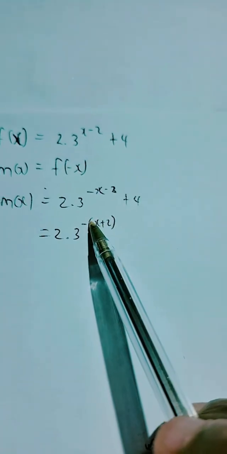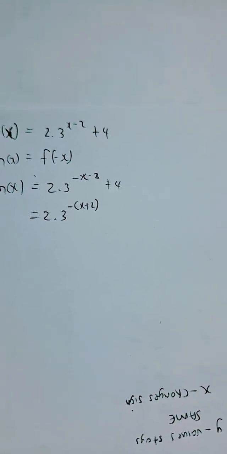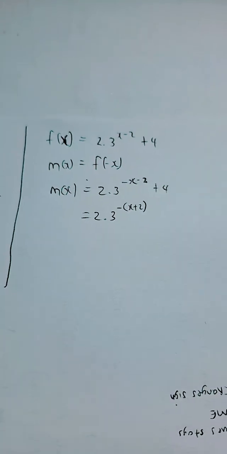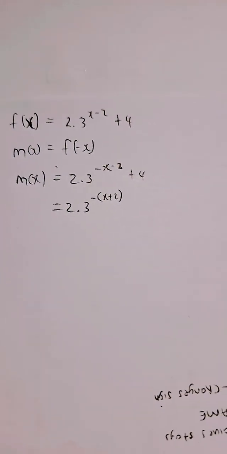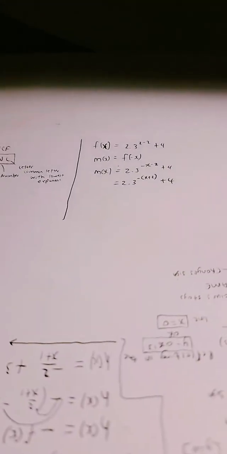We are left with, remember when you take out the negative, the signs of the expression change, plus 4. Does that make sense, guys? I hope I'm making sense because it's important that we make sense of this.